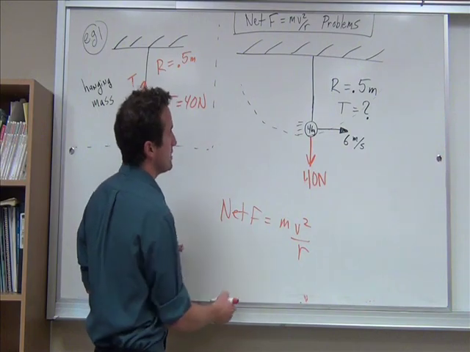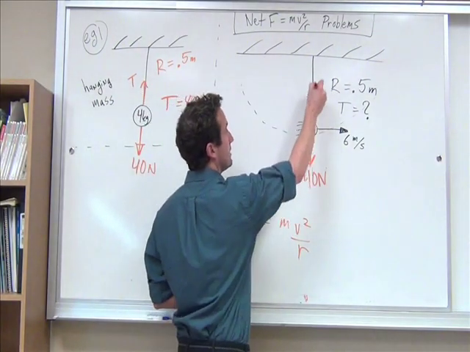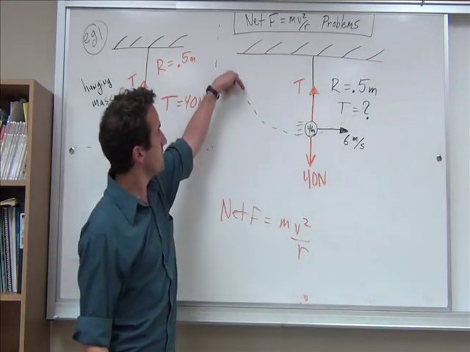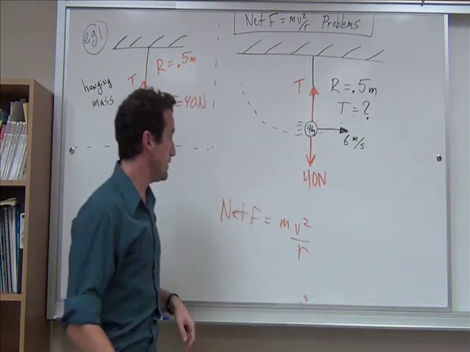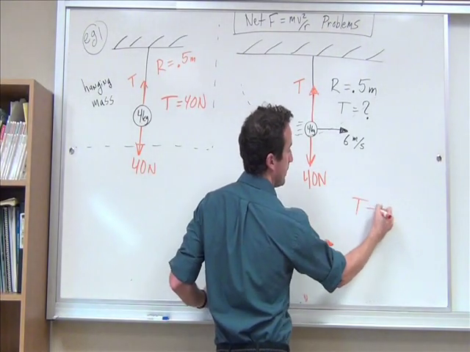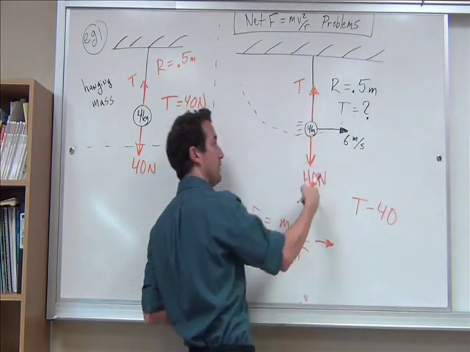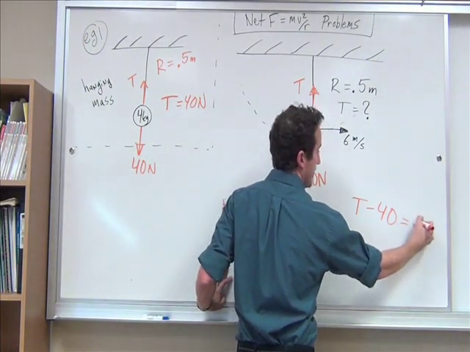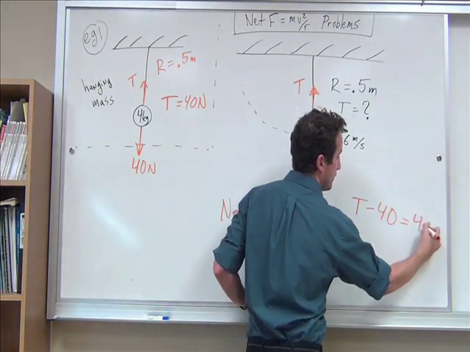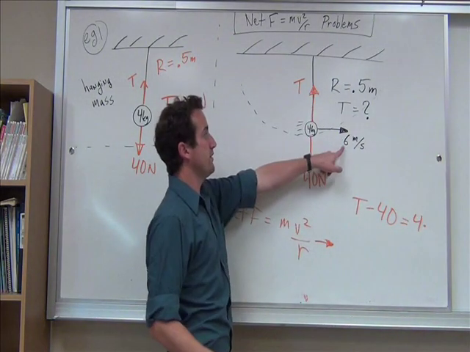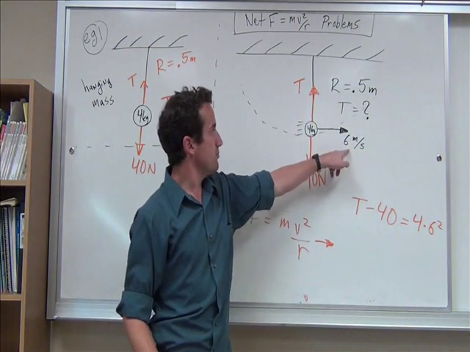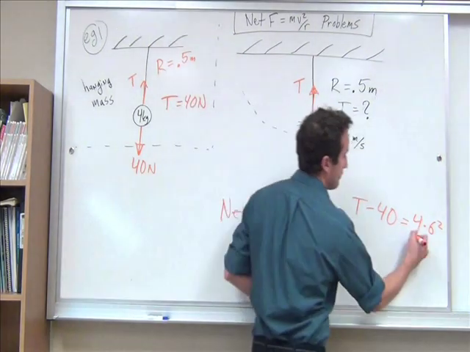Here, the net force is 40 newtons and tension, but the tension is the larger of the two because it accelerates up. The tension wins. So this will become tension minus 40 down is mv squared over r. The mass is 4 times the velocity squared, that's 6 squared, in this case it's swinging at 6 meters per second, divided by the radius, which is 0.5.